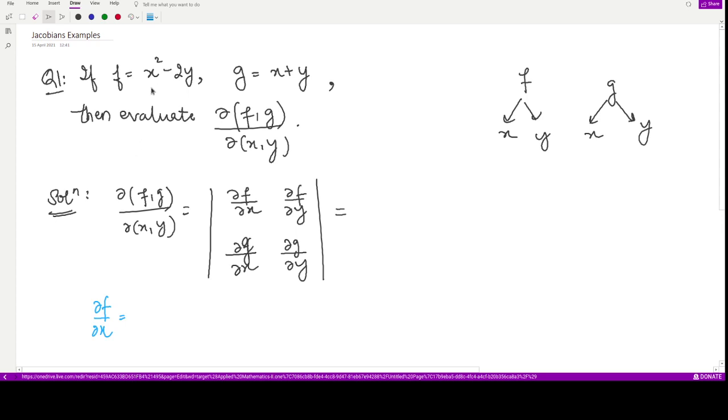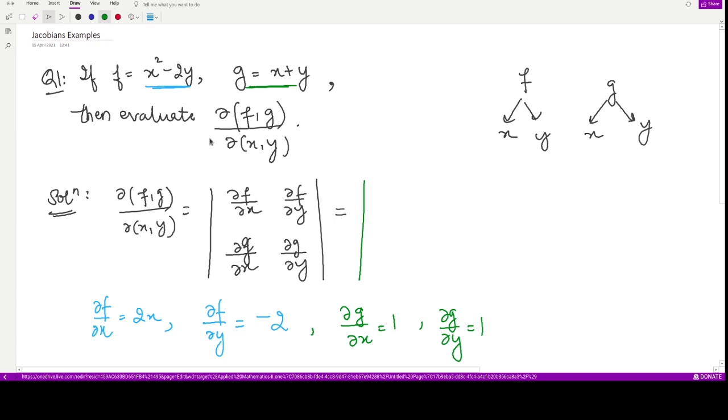So what would that be? That would be the partial derivative of this with respect to x, so that would be 2x, because here y is assumed to be constant, and then the partial derivative of f with respect to y, so that would be minus 2, and again we'll calculate the partial derivatives for g. So del g by del x would be equal to 1, and del g by del y would again be equal to 1.